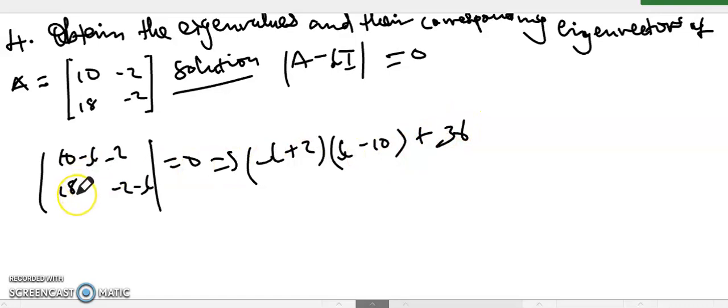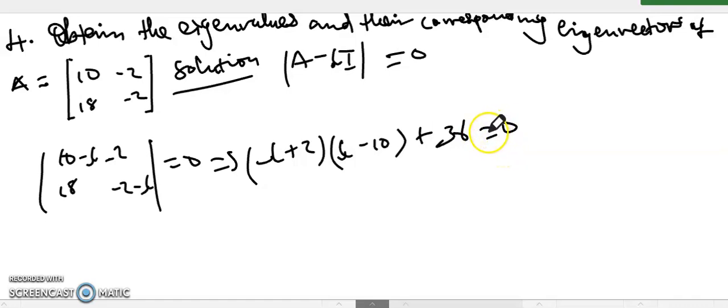Because we know that 18 multiplied by -2 will give you -36, but the negative becomes positive, so that's how we get 36 here, and this must be equal to 0, of course.